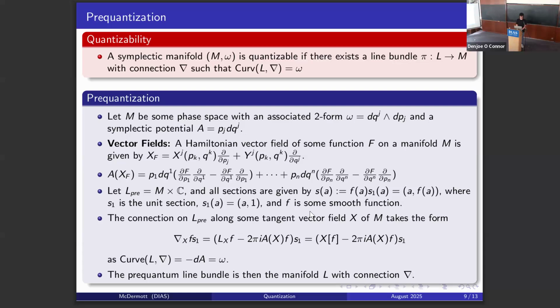There's a little bit of skipping over little parts, but if we have this connection, this two form omega and our one form A, the curvature on this line bundle is just minus dA, which is equal to our omega. So it's just a situation where it is valid to quantize it in this way.